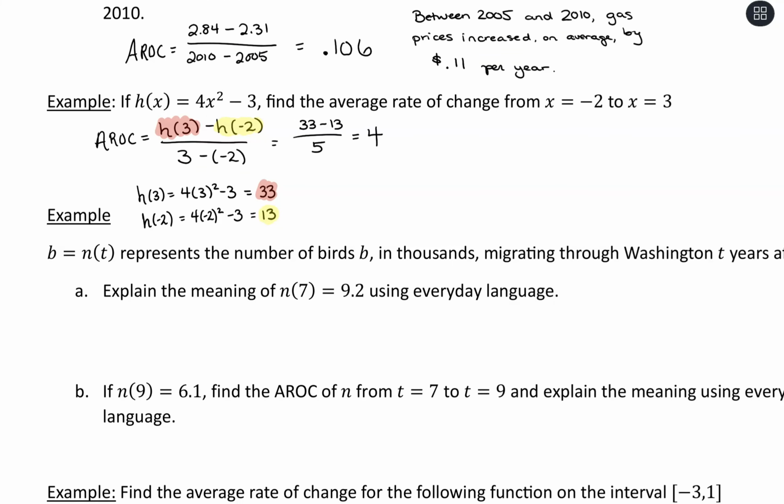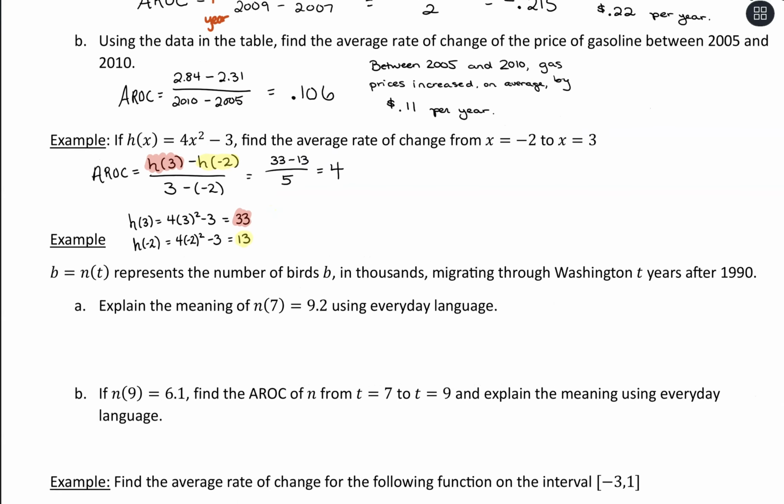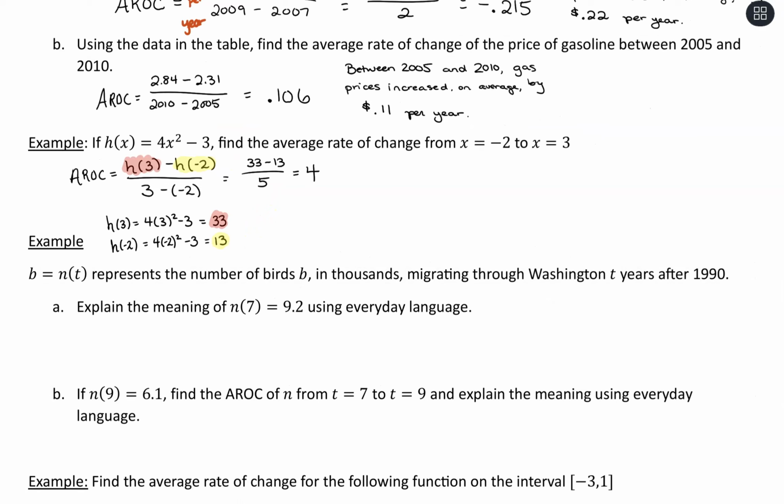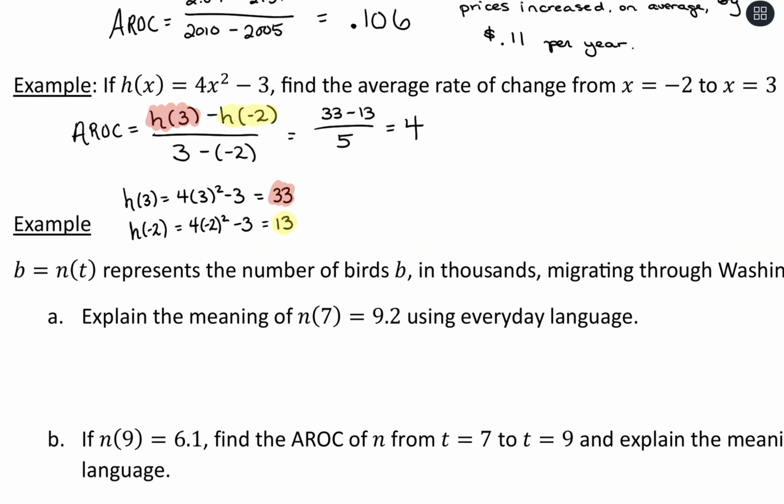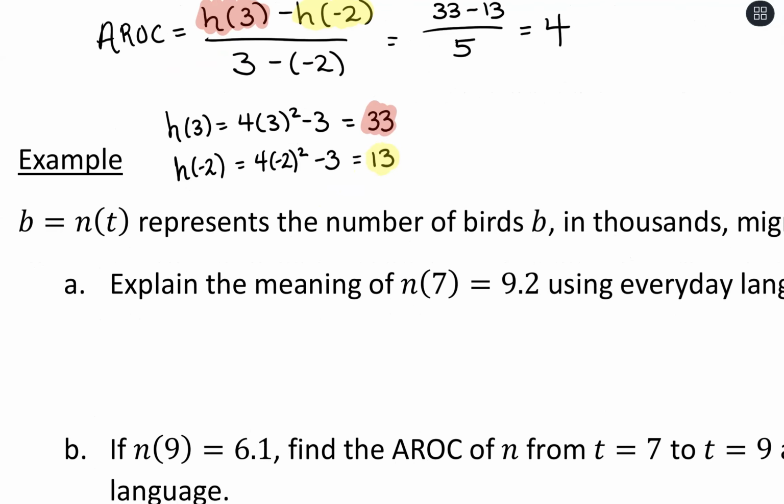All right, let's go back to a word problem here. So we have the function b equals n of t, which represents the number of birds, b, in thousands migrating through Washington t years after 1990. So explain the meaning of n of 7 equals 9.2. The 7 is representing t, which is years after 1990, so that's telling me we're in 1997.